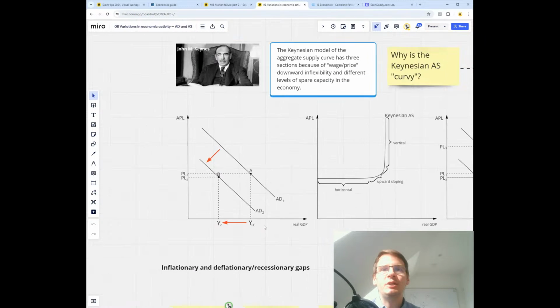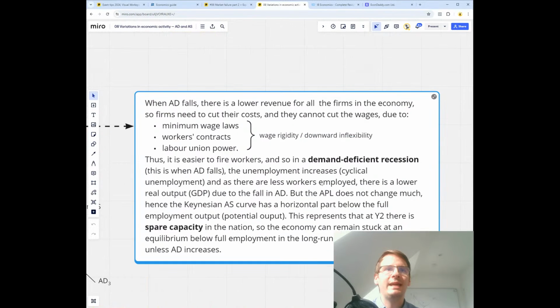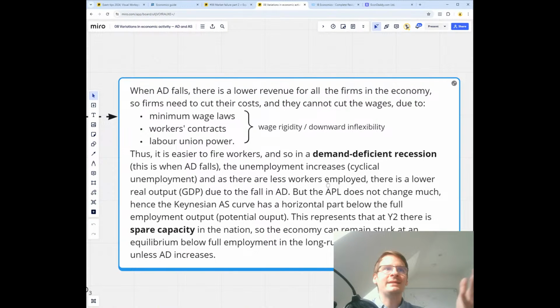You don't even need to know the diagram at first. You just need to understand the story in the background. When aggregate demand falls, there are lower revenues for all the firms in the economy, on average. Let's simplify it like that.